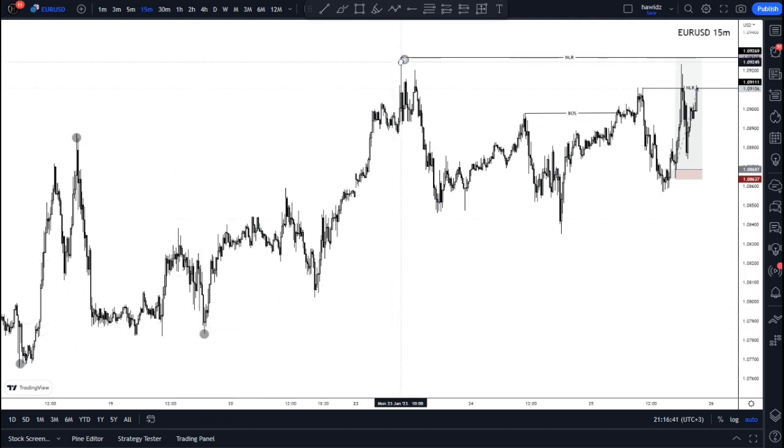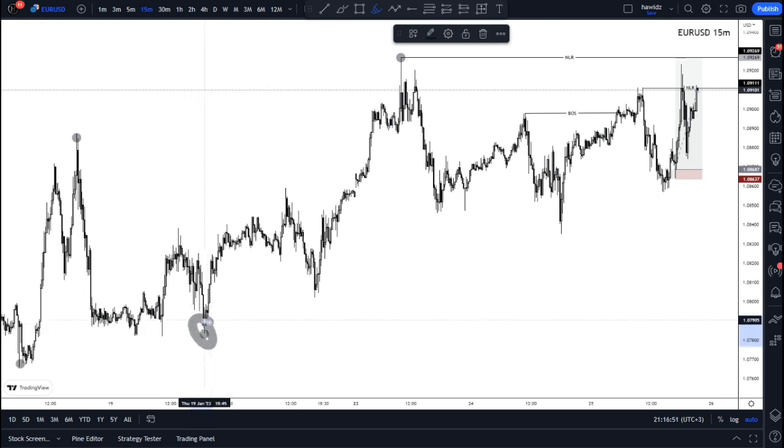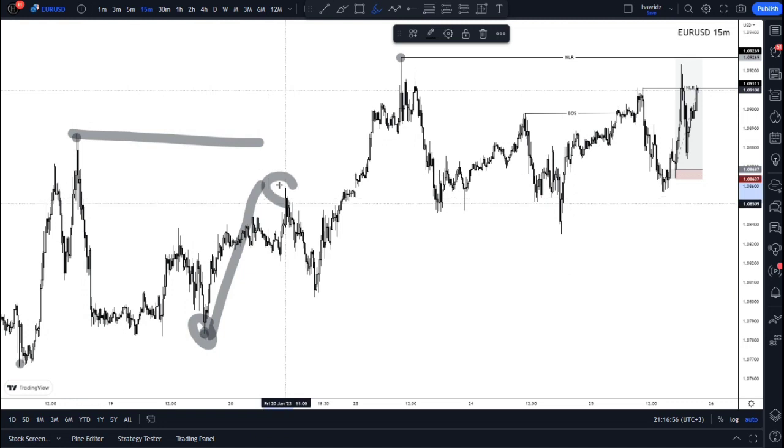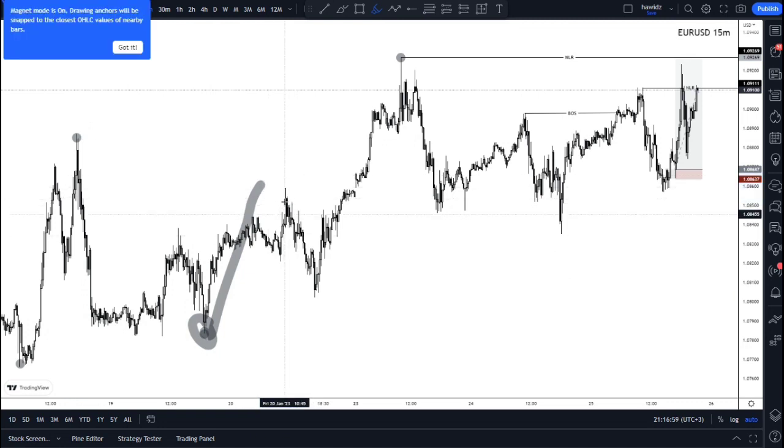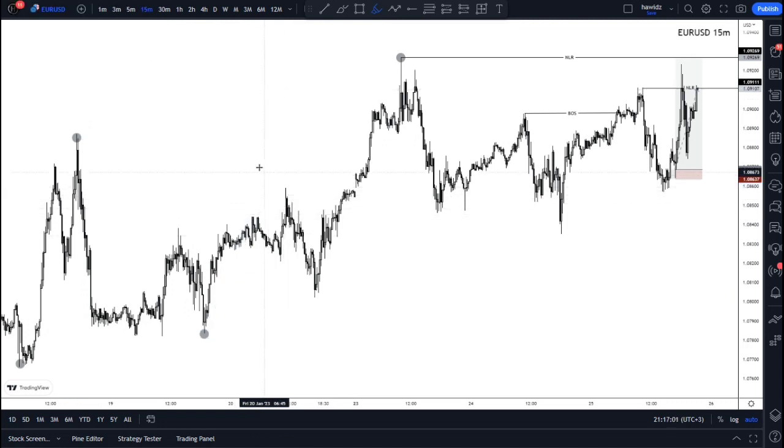From this structural high, let's look at which structural low created this high. Price from here made its way up but failed to break structure with this move, and then created this high, meaning this is just a potential weak high that's acting as liquidity at the moment.